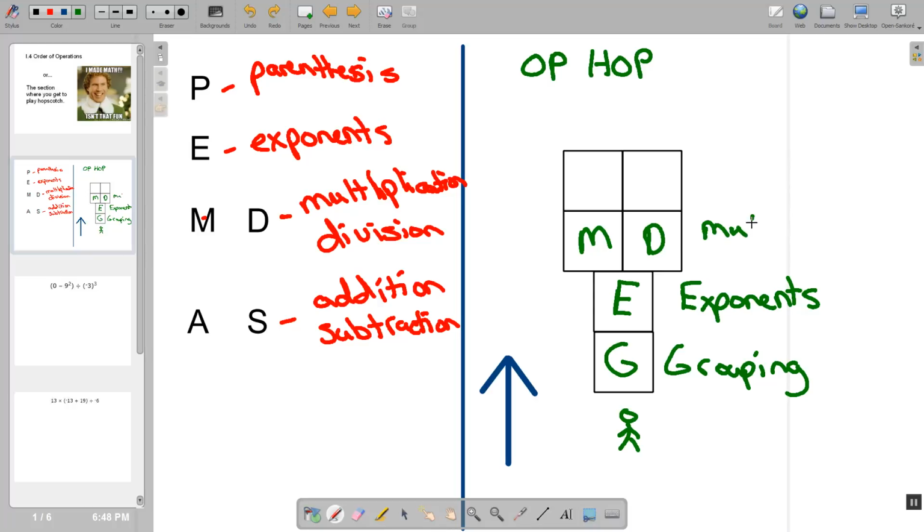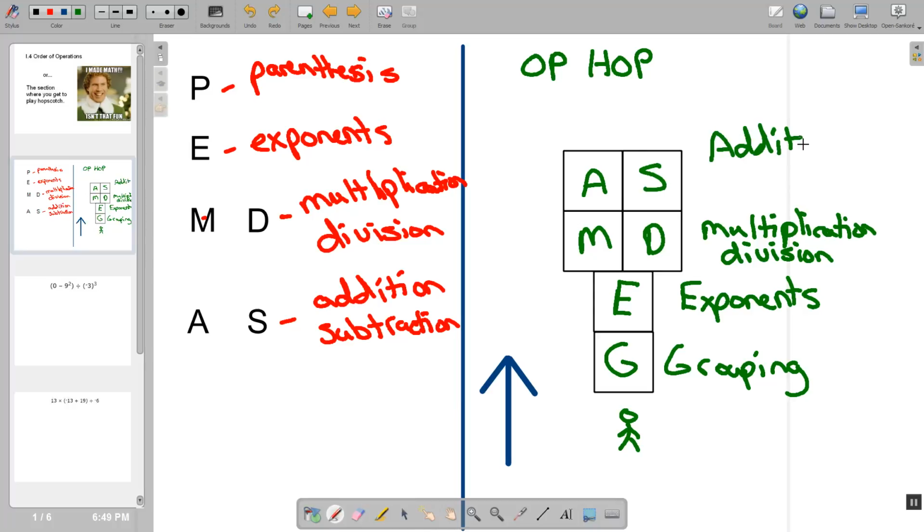But once again, multiplication and division are done at the exact same time. And then the last two are for addition and subtraction. I apparently think subtraction starts with a D, which it does not. And once again, you land on these at the same time, not separately. Addition and subtraction are done together.